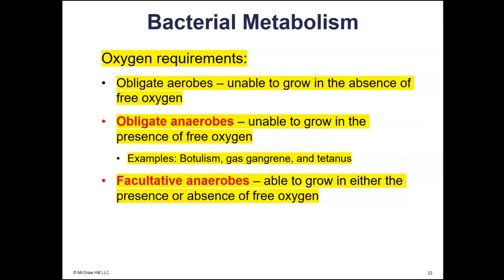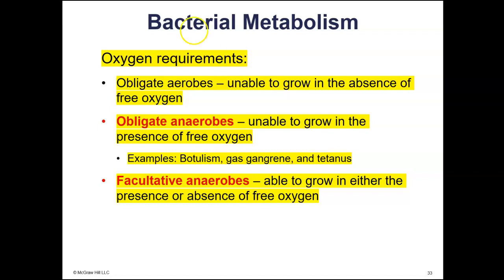As far as bacterial metabolism, they are divided into different groups based on their oxygen requirements. So just so you can relate bacteria to humans, for human metabolism, we would be called obligate aerobes, because we must have oxygen to grow.